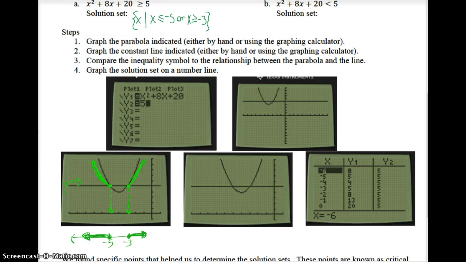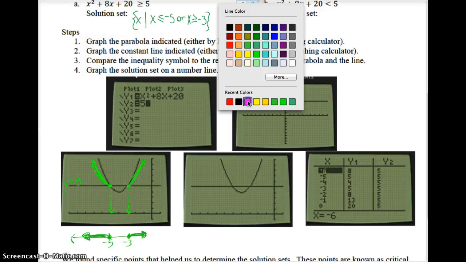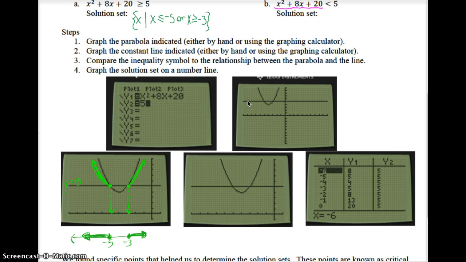Again, we look at the inequality and the relationship between the left-hand side and the right-hand side. On the left-hand side, we have the same thing that we had a little while ago, the x squared plus 8x plus 20, giving us the parabola. Here's the parabola that we ended up with.